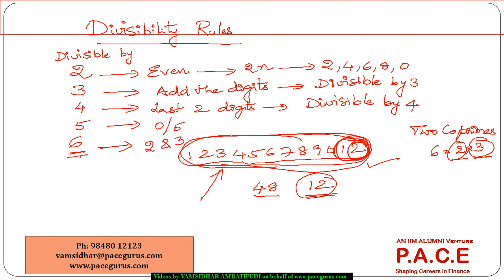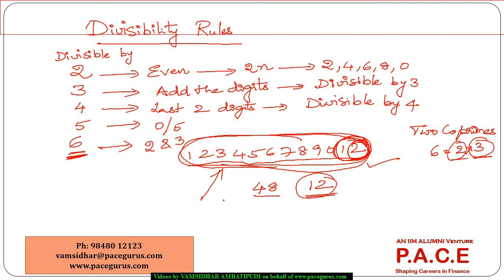So for a lot of divisibilities, we can bring in this kind of a concept. Express it as two different coprimes, and if a number is divisible by both the coprimes, I can very well say that the product is also divisible. Product also divides that number perfectly.